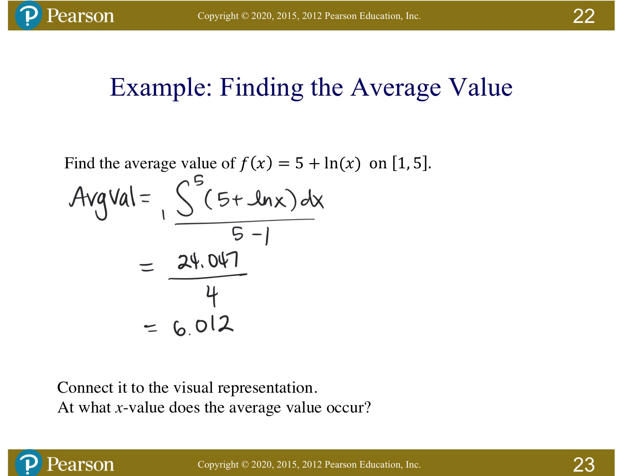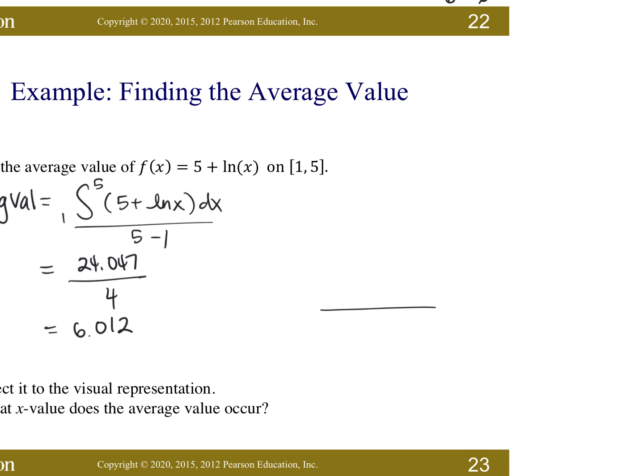So if I were to make a visual representation of this, a natural log shifted up 5 is way high like that. Going from 1 to 5 is going to make a non-geometric area, so it's just an area like this.